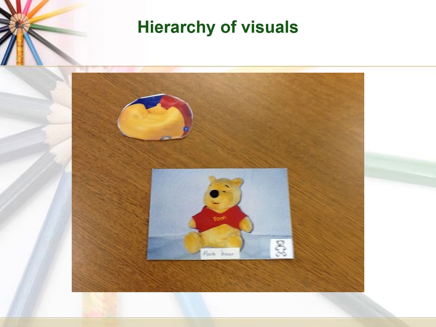Tobys tend to be somewhat larger than your typical two-dimensional picture. When first introduced, they should be maybe as big as 3 inches. Because think about it, you're going from a miniature object to this, so we don't want it to be a tiny little cutout. And then we always should add the printed word, like on the picture with Pooh Bear, because again, that's what some people cue into.